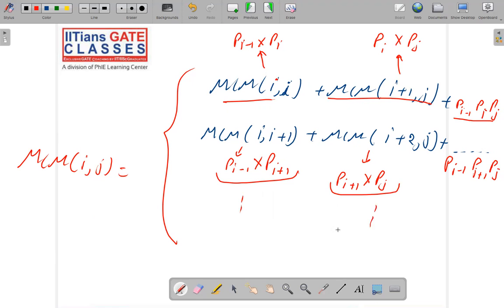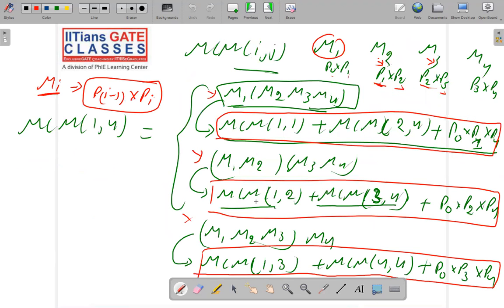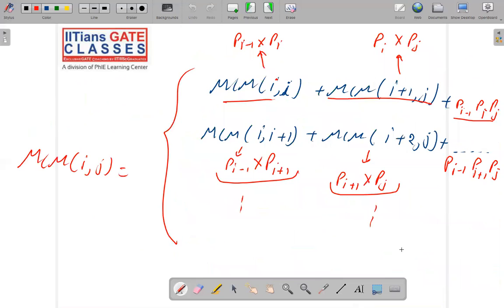And similarly, if you follow the previous order, this is I,I, this is I plus 1,J, this is I,I plus 1, I plus 2,J, and this is I,I plus 2, I plus 3,J.